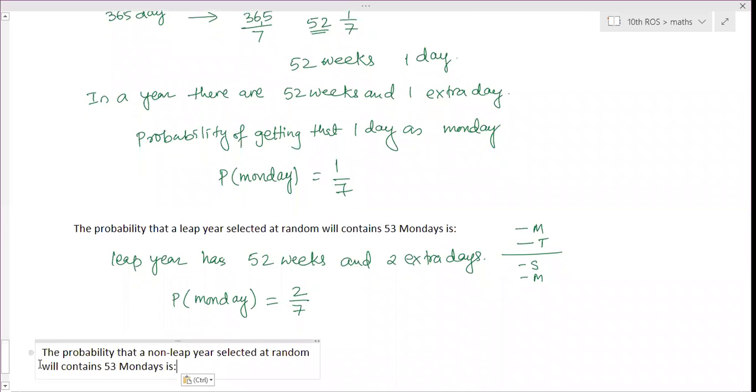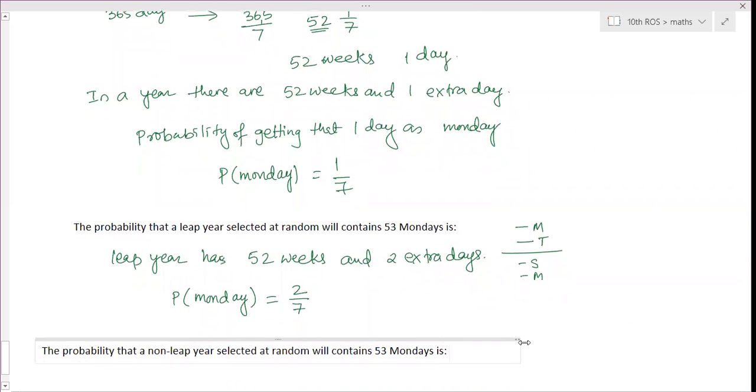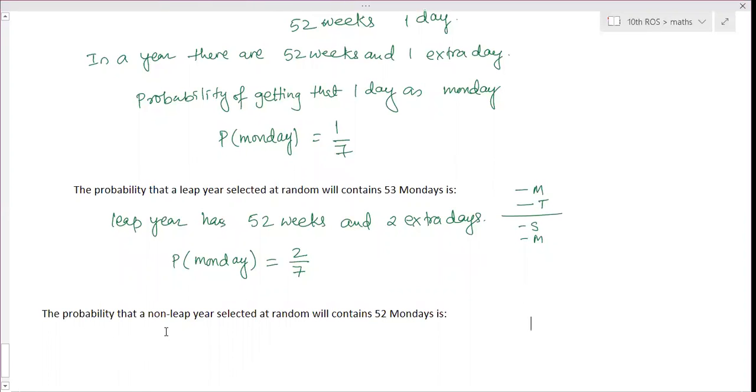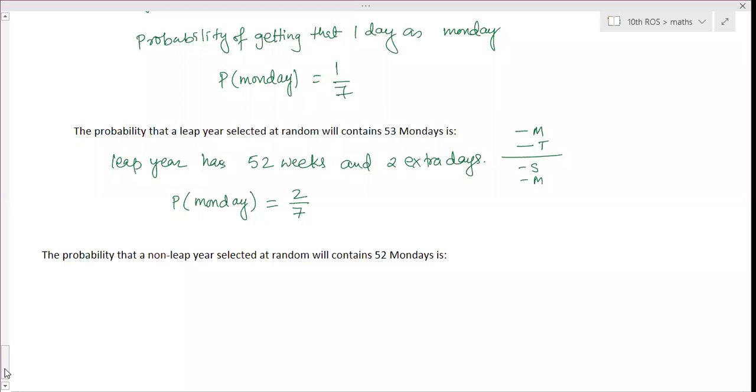Ma'am, the second question which you gave, the leap year one, that question came in our exam. And the question was for 52 Tuesdays. That is the next question. What did you write as the answer? Ma'am, would it be 100? I forgot the answer, ma'am, because the test got over.